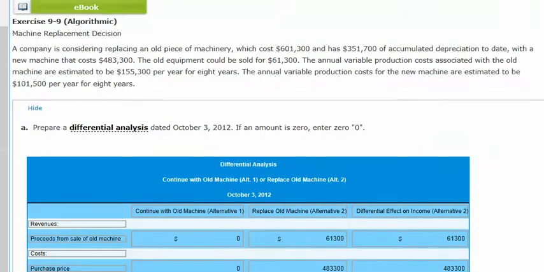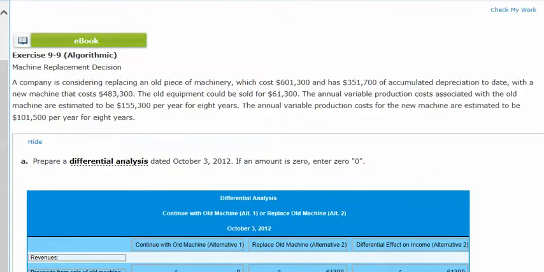And my variable cost under the old machine was $155,300, right? $155,300 times 8 for 8 years.